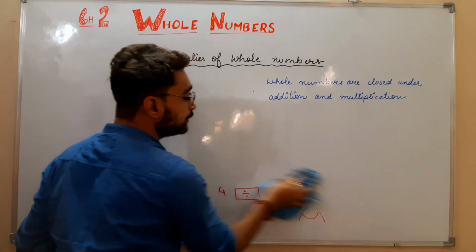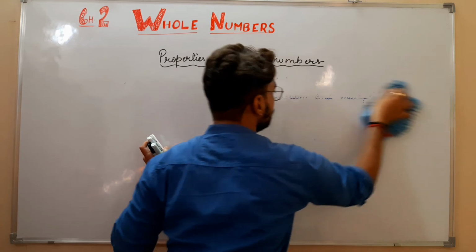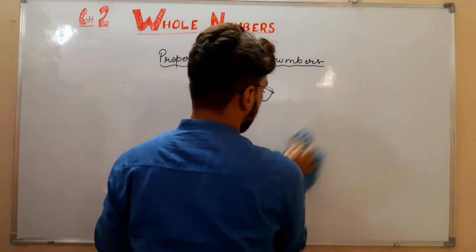Now let us see the next property. Property number 2 and property number 3 are actually similar to each other. I will write here.